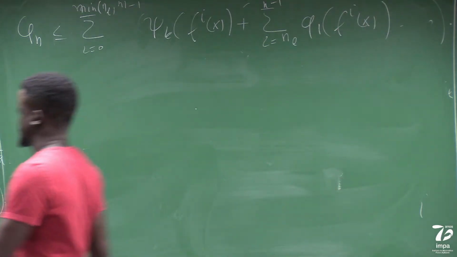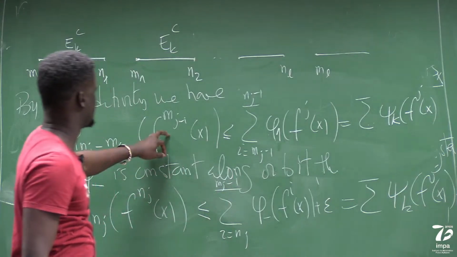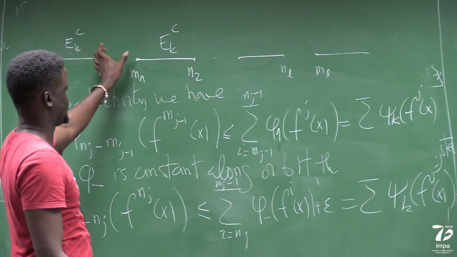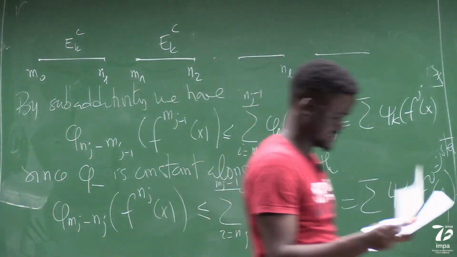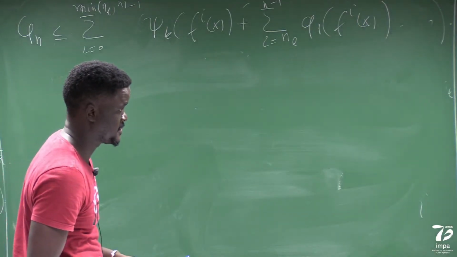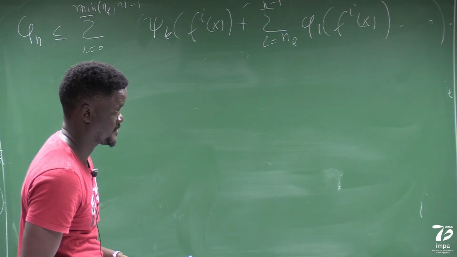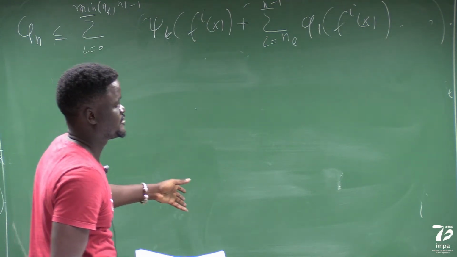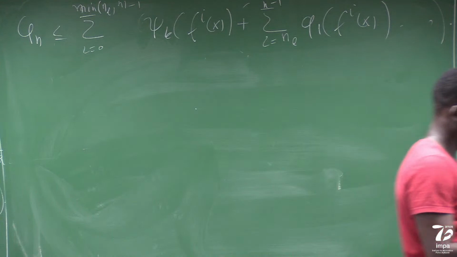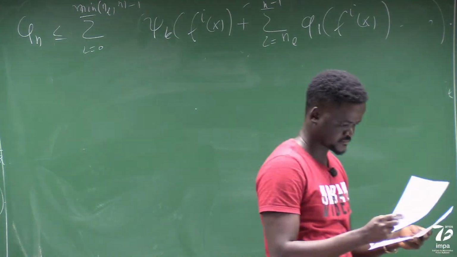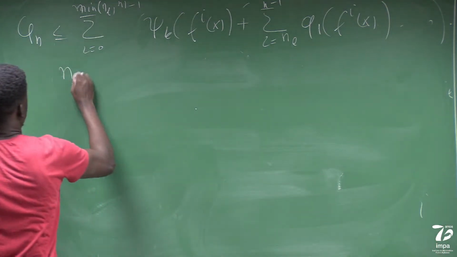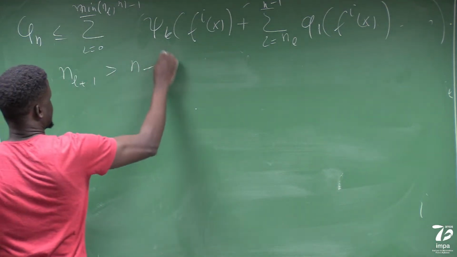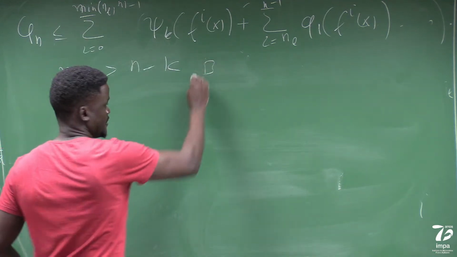You just take the sum of these two pieces that divide the orbit: if you are inside, use this; if you are here, use that. Okay, I see that I need to speed up a little bit. And if you use the fact that n minus k is bigger than nl, and nl plus 1 is bigger than n minus k, you get the lemma.